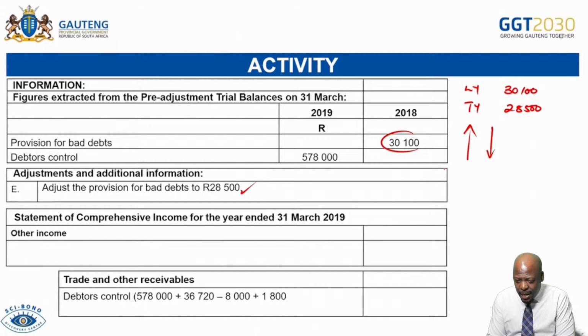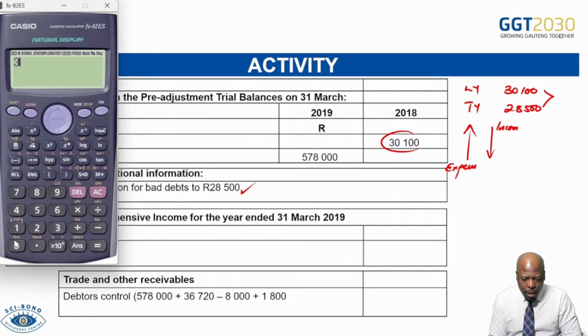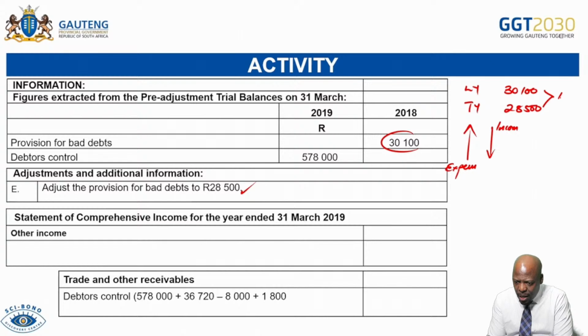If it is an increase, we consider it to be an expense. If it is a decrease, we consider it to be income. And how much is that difference? So we'd come here, then we say 30.1 minus 28.5. And the difference is how much? The difference is going to be 1,600. Correct. That is our provision there.